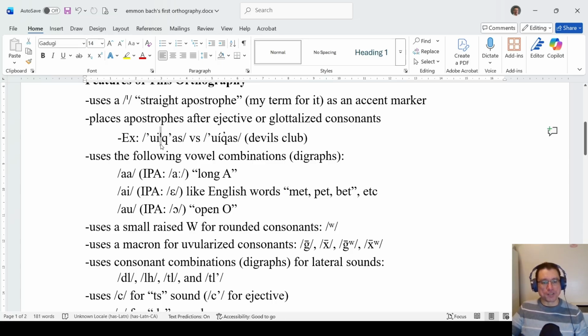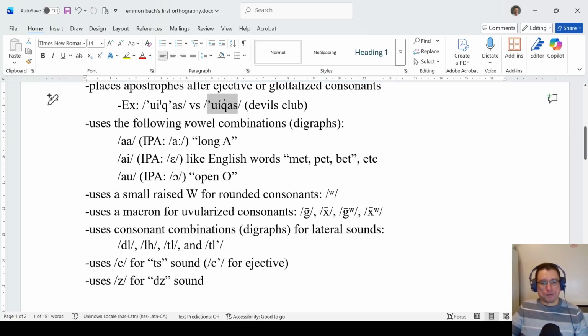And also here you can see the accent marker coming after the vowel. So that's how he represented oikas in his first orthography. Oikas is Devil's Club. And this is how he represented it later on in his second orthography. So you can see the difference between his first and his second orthographies.